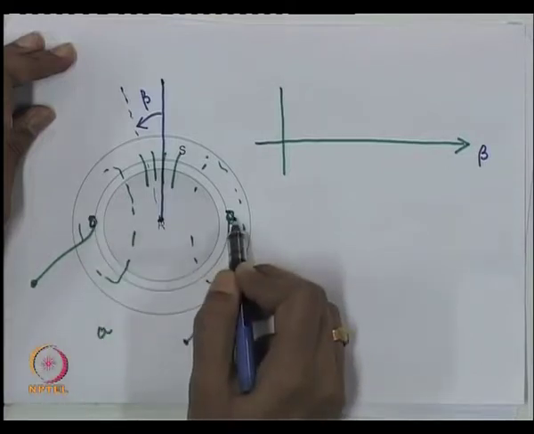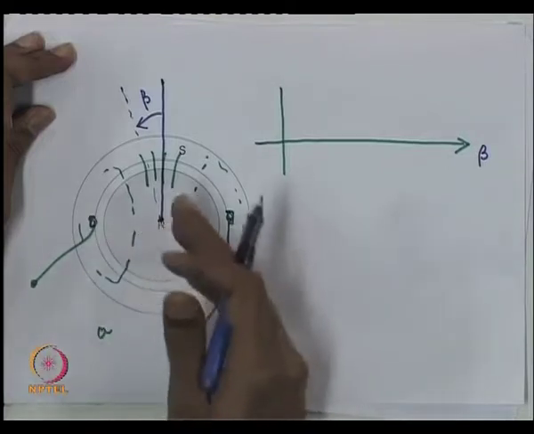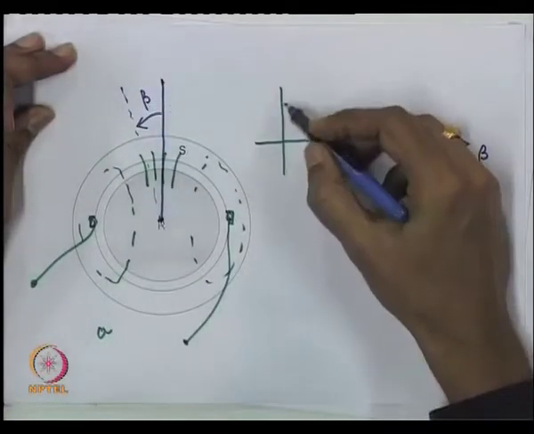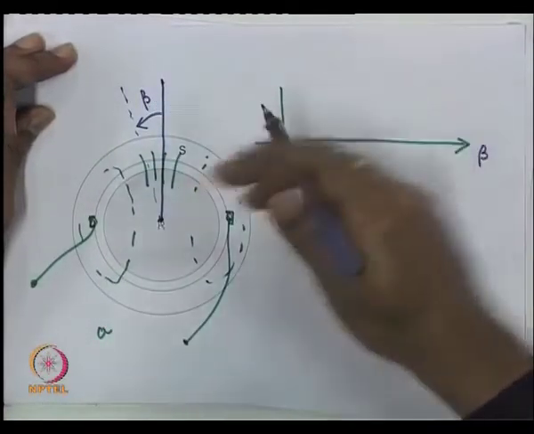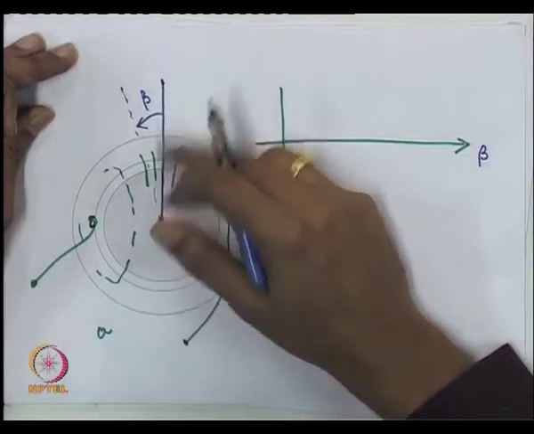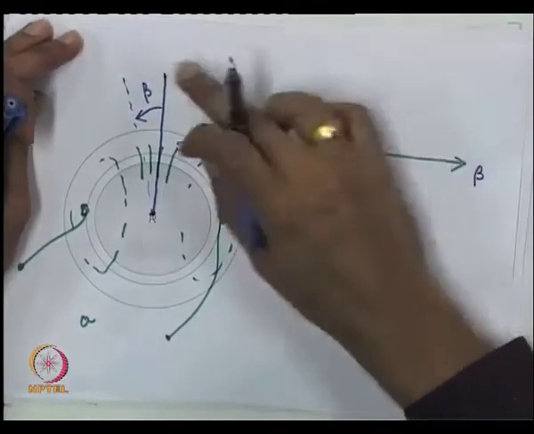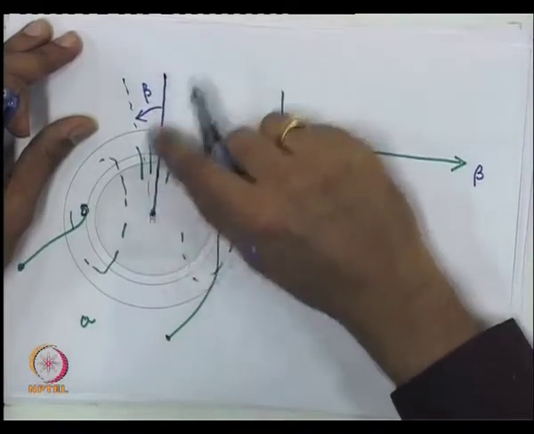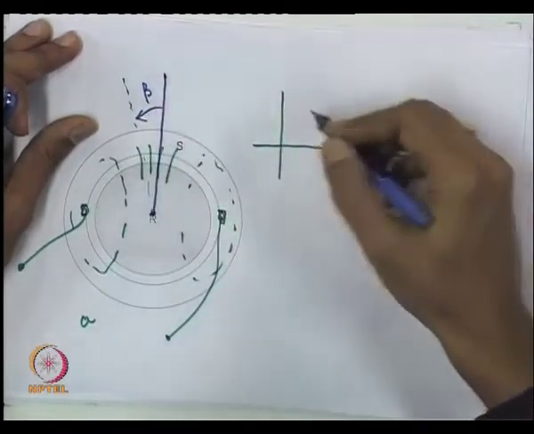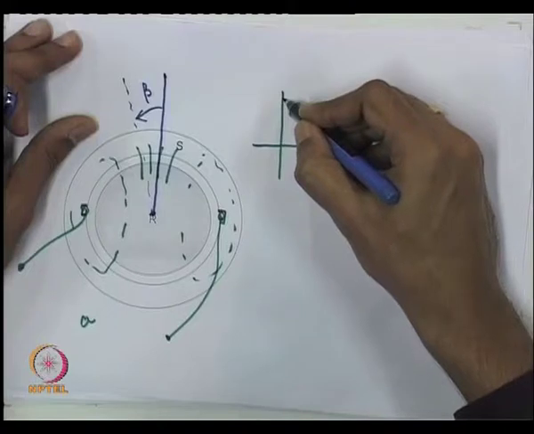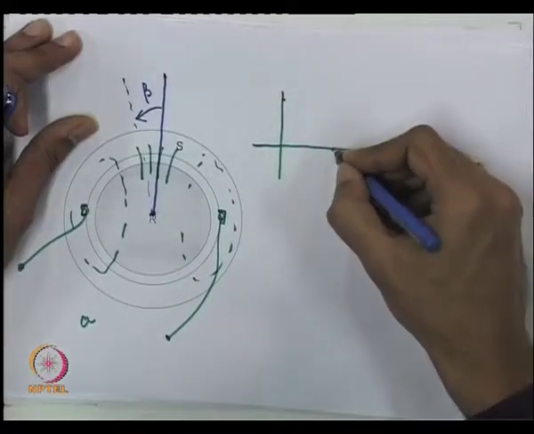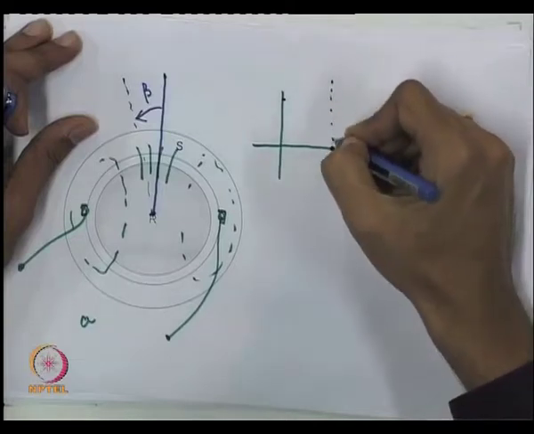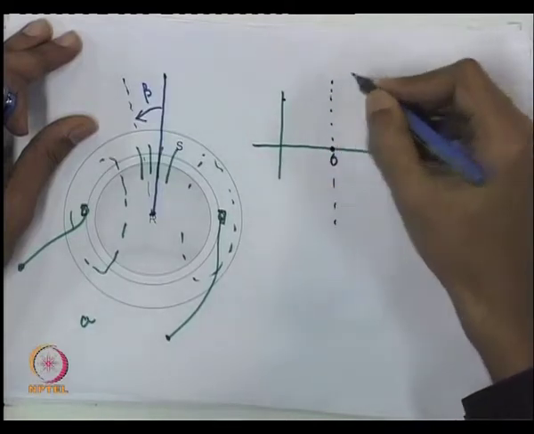So, what we will assume is that the MMF tends to cause maximum flux in this direction. In fact, it tends to cause maximum flux in a cylindrical machine also in this direction. So, MMF is maximum when beta is equal to 0. So, I will just take this beta equal to 0 point here. So, this is beta equal to 0.